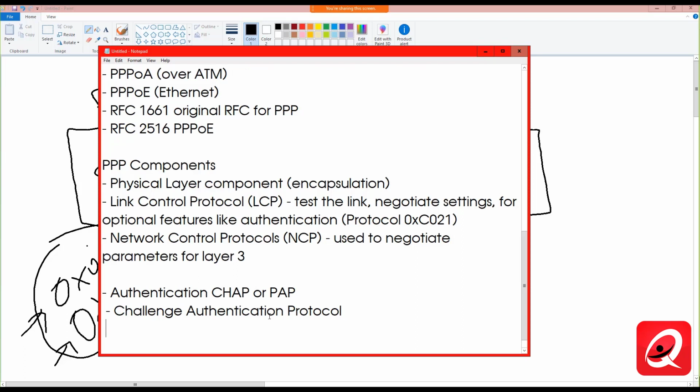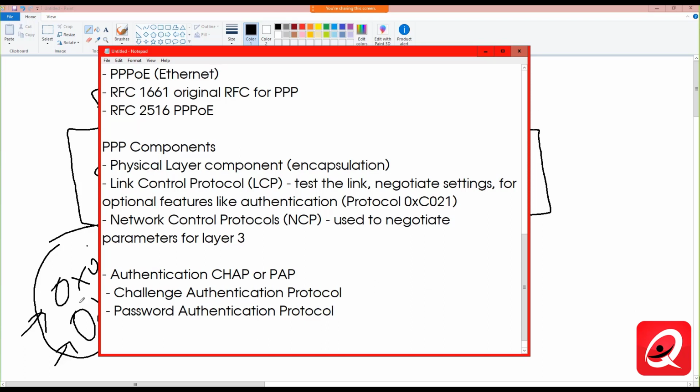That allows us to establish the connection using a challenge-response type of method with a hashing process. And then we have the less preferred one, the Password Authentication Protocol, or PAP. All right. Now, that's generally not recommended. We'll talk about that in a little bit. I doubt you would see any kind of reference to configuring PAP anytime soon.